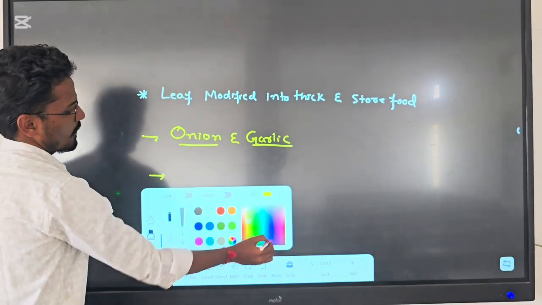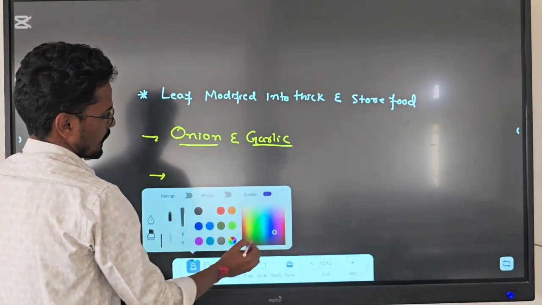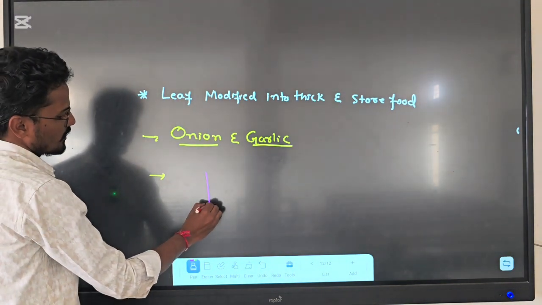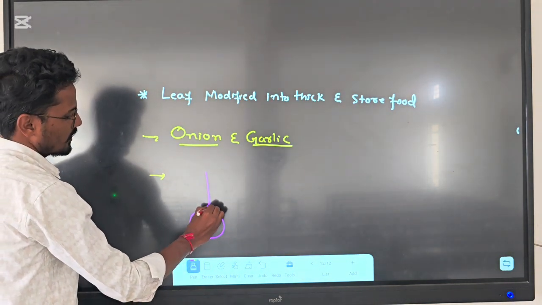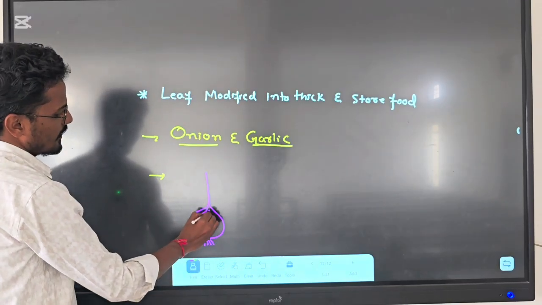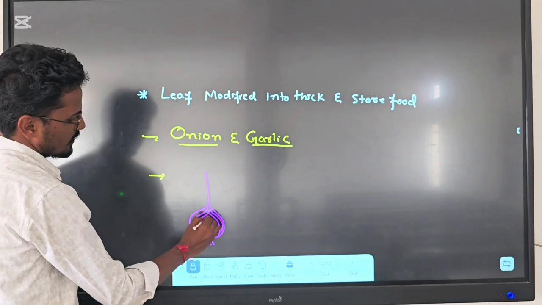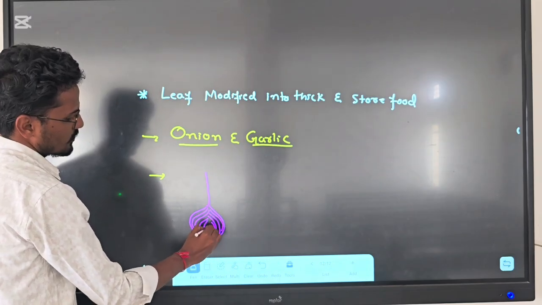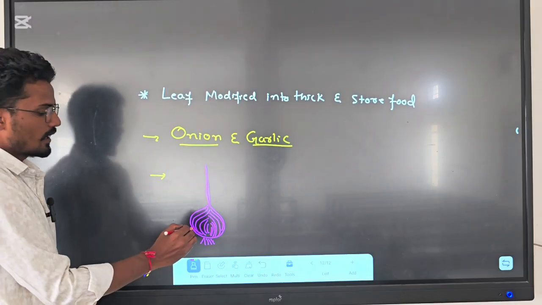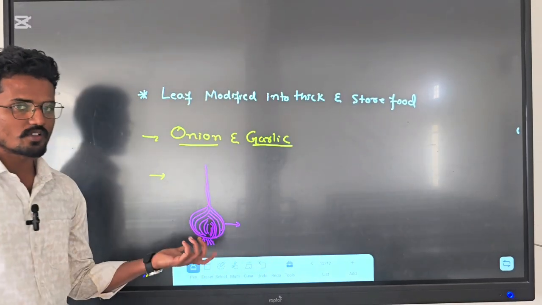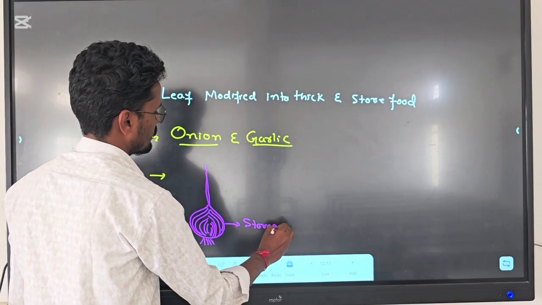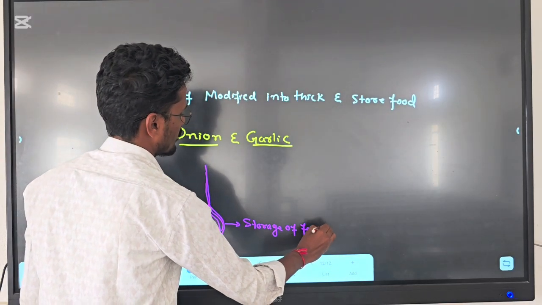We'll see how onions store the food. When we see an onion, it has leaf-like structures. There is layer after layer inside the onion, layer by layer arrangement, so many layers are there. Those are nothing but leaves only, and those leaves we use as food. That's why it is considered a storage leaf.